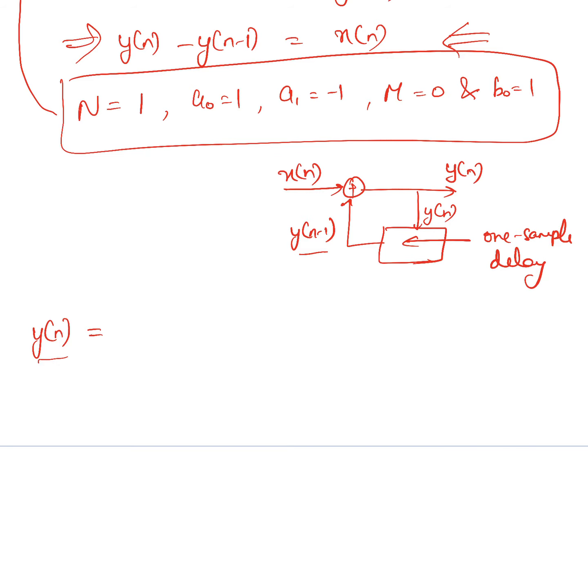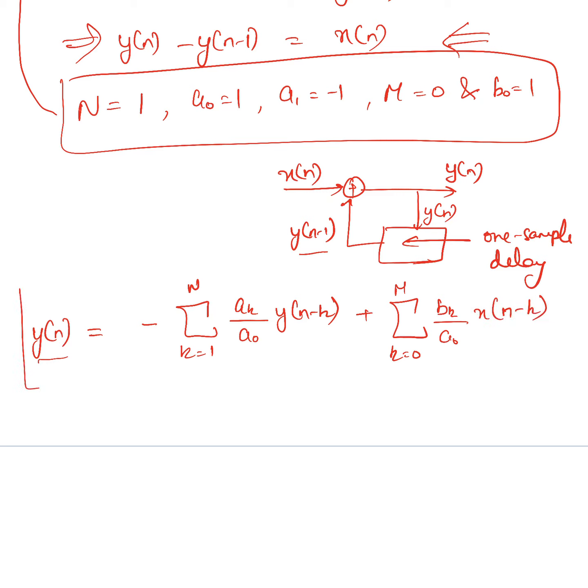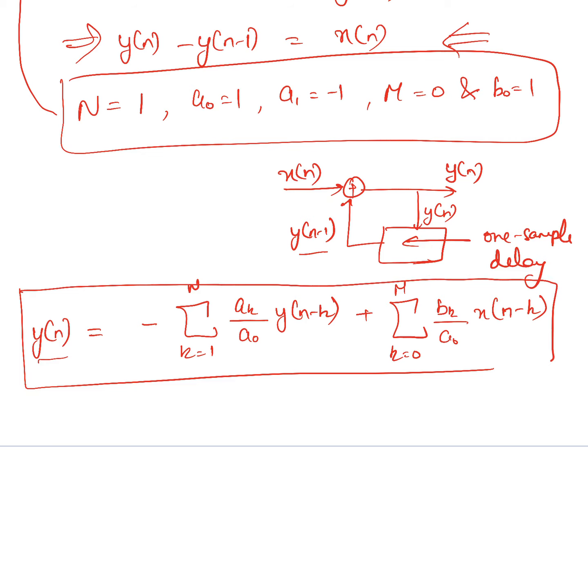So it can be generically represented as y of n, and taking the rest of the part from the left hand side to the right hand side, I will have the summation from k equal to 1 up to N of a_k divided by a naught times y of n minus k, plus the summation from k equal to 0 to M of b_k divided by a naught times x of n minus k. So this would be my generic representation of this thing.